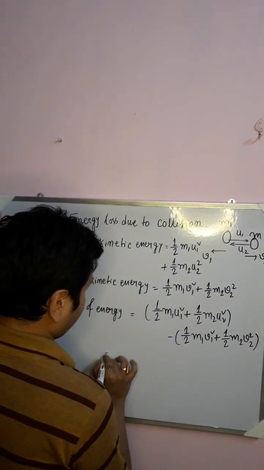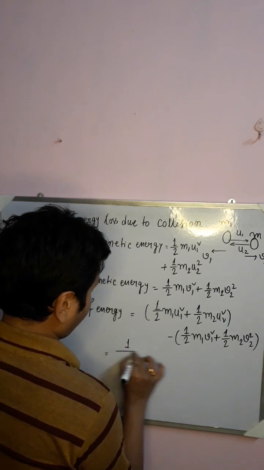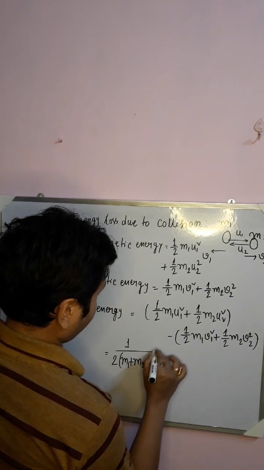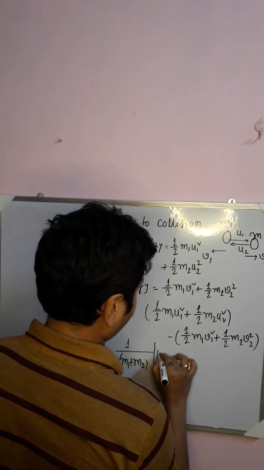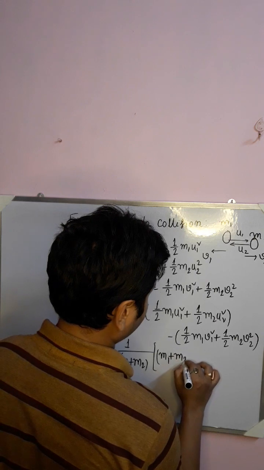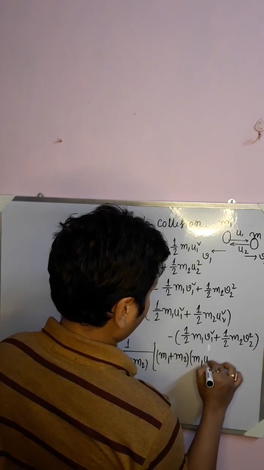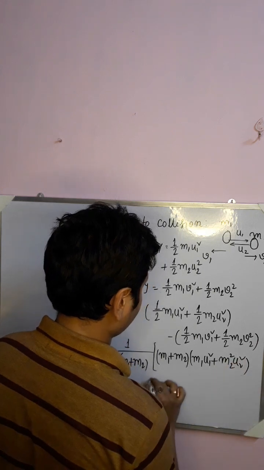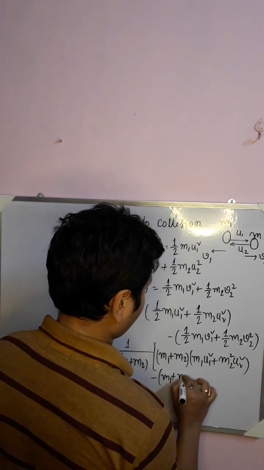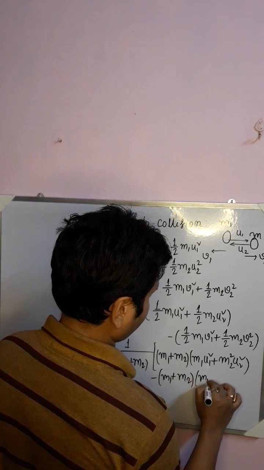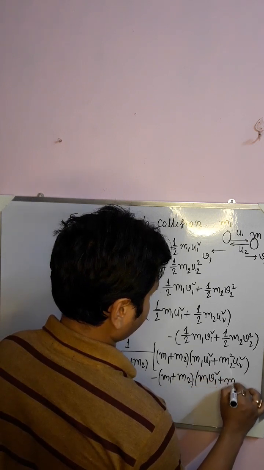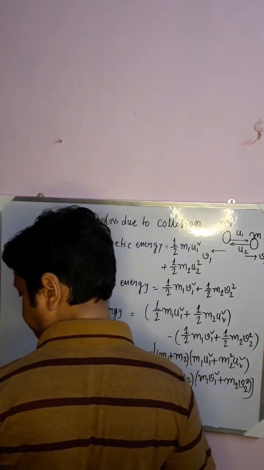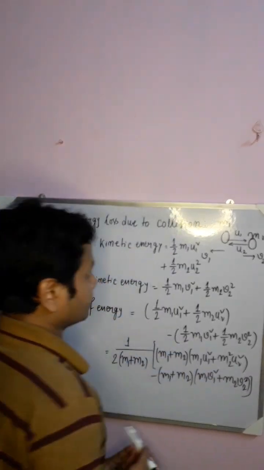Now if we take m1 m2 common, then simply we can write this as m1 plus m2 into m1 u1 square plus m2 u2 square minus m1 plus m2 into m1 v1 square plus m2 v2 square.